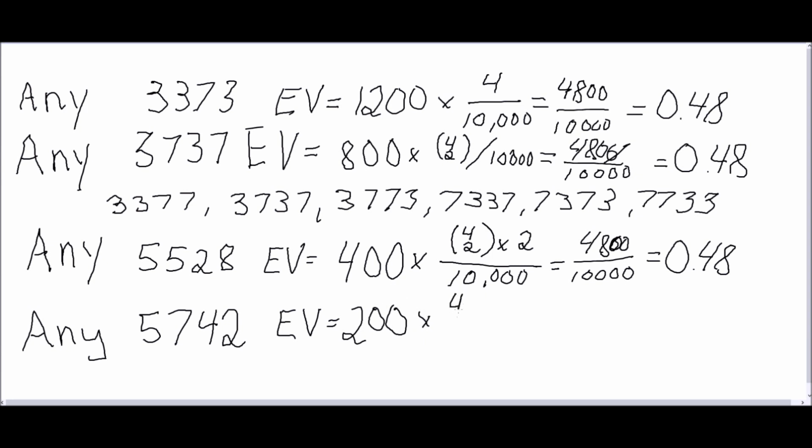There are 4 factorial ways that the player can win, as explained in the part about the Pick 3 lottery. 4 factorial is equal to 24. 24 times 200 is again 4,800. So again, our expected value is 0.48 or 48%. So an any ticket in the Pick 4 lottery, no matter how you arrange your numbers, is always worth 48% of whatever you bet.